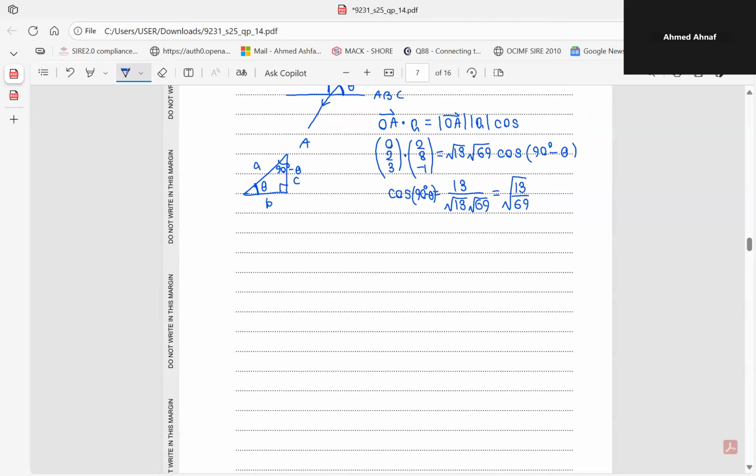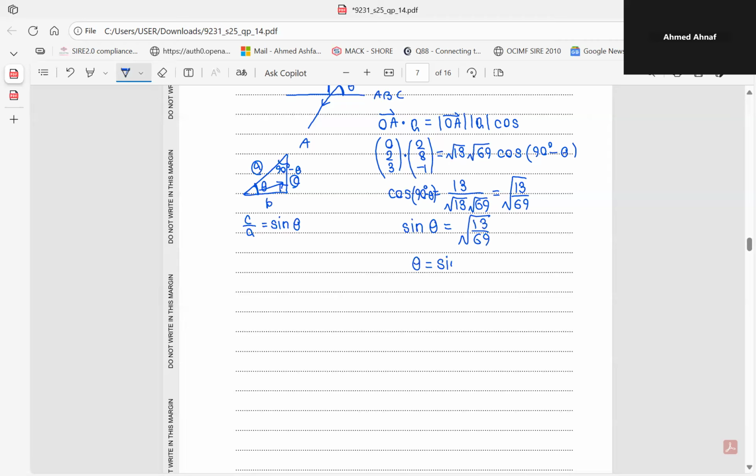So the cosine of 90 minus theta is obviously C over A. And what else is equal to C over A? The sine of theta, right? If you notice, it's opposite over hypotenuse, opposite over hypotenuse. So we can rewrite this as just sine theta equals square root 13 over 69.